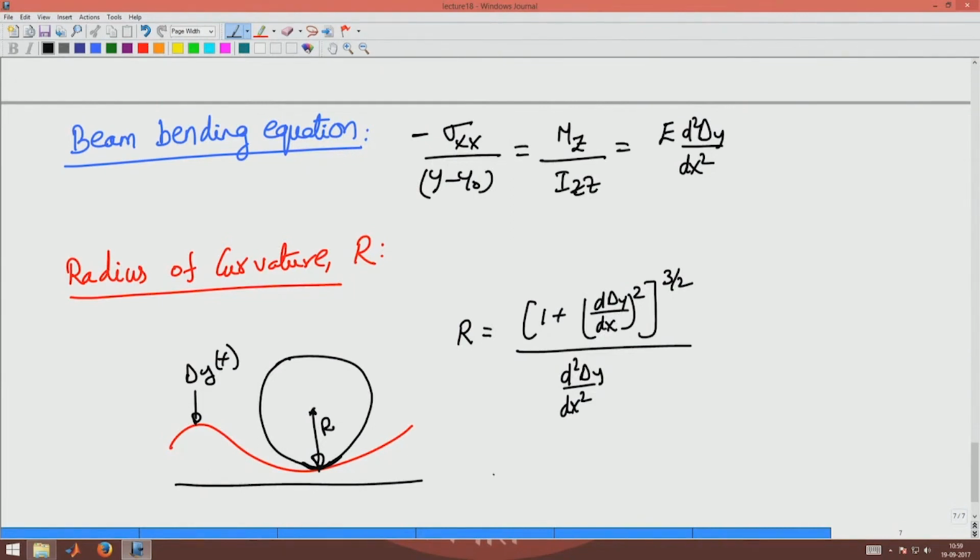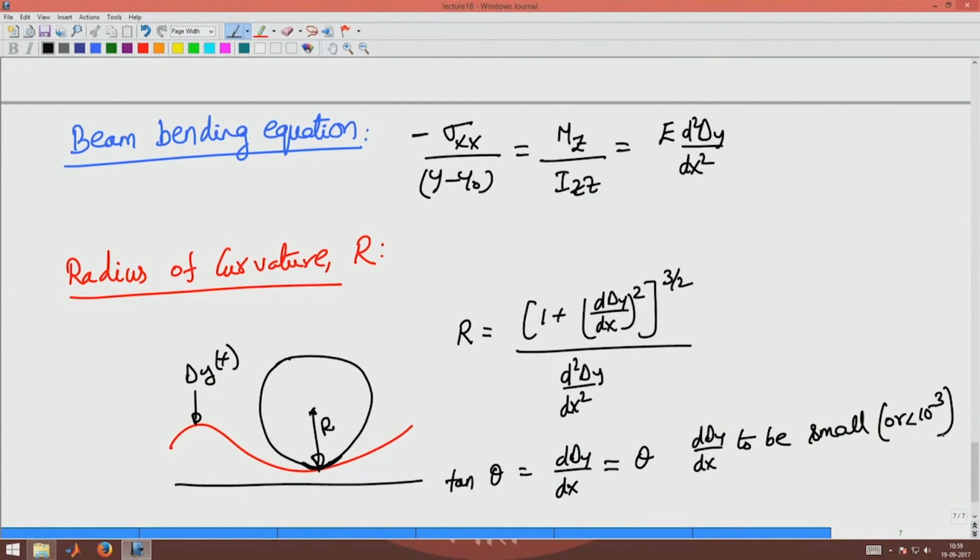We approximated tan theta, which was d delta y by dx, as being approximately equal to theta, because we assumed d delta y by dx to be small, of order 10 power minus 3 or lesser. Hence, compared to 1 here, this (d delta y by dx) whole square will be small. So, I can approximate this as 1 by d square delta y by dx square.